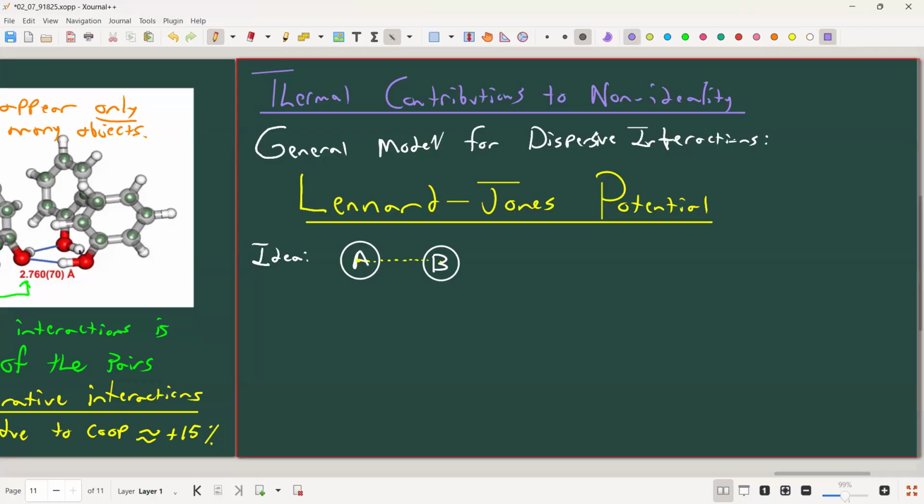We have some distance we can measure from the center of these balls. And we're going to define some radius to these spheres. I should maybe call the distance D instead, so I can call the radius R. And then each ball has some radius R.